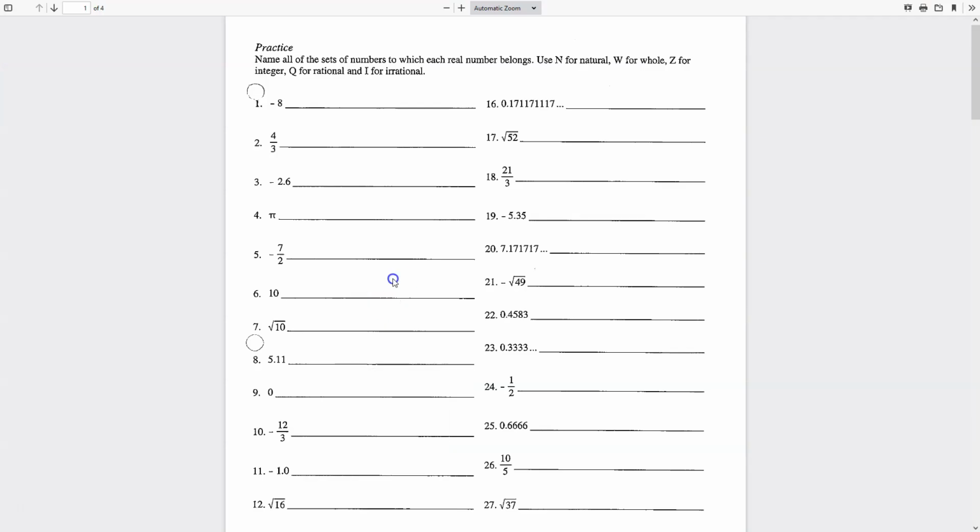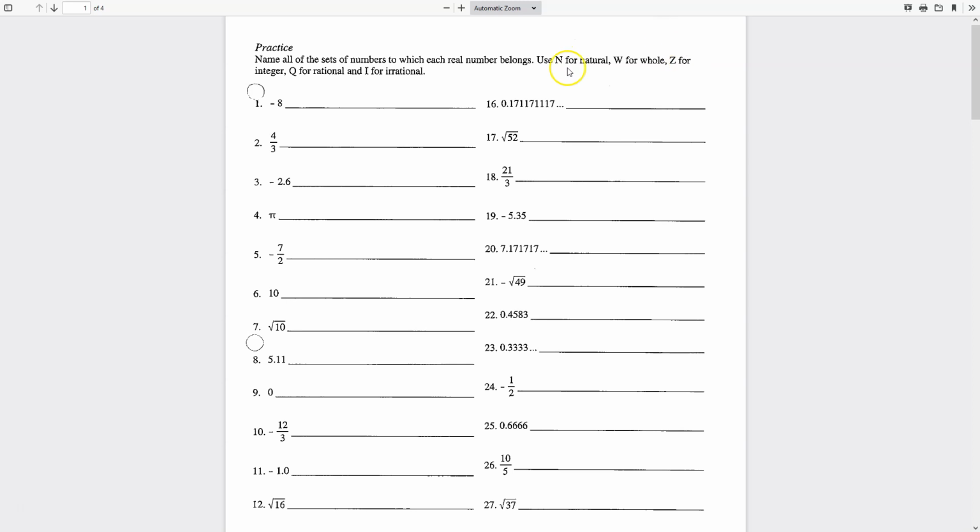Okay, and so if we look at the worksheet for today, where you have to classify all of these numbers as either natural, don't worry about whole, in fact, you can X that out, integer, rational, or irrational.